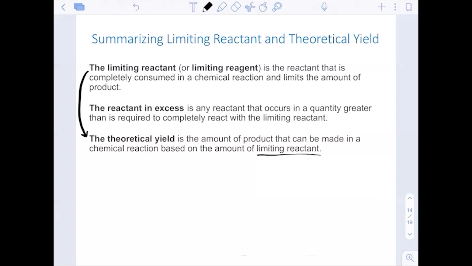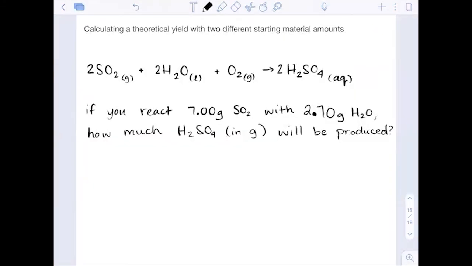So let's revisit that calculation again. Now, I can't straight off the bat say that 7.00 grams of SO2 is bigger than 2.70 grams of H2O, and therefore it's excess. What I have to do is start to compare apples to apples. Right now, I have 2 different molecular masses, so that's comparing apples to kiwis.